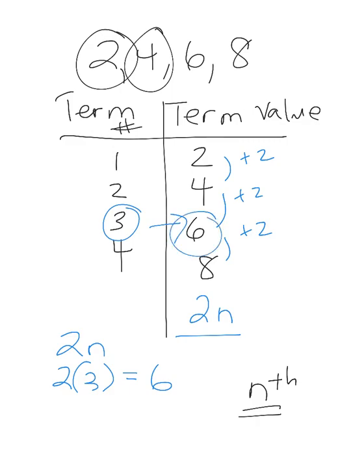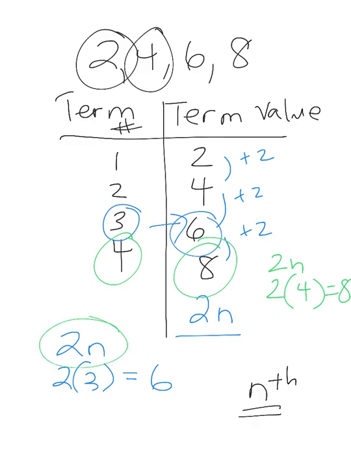So it looks like we found our algebraic expression. Again, just to be safe, we'll try it again. Let's do it for term number 4. 2n, take out n, put in 4. It's 8. Yay! It's supposed to be 8. Okay, so now we know that we have found our algebraic expression, and it is 2n.